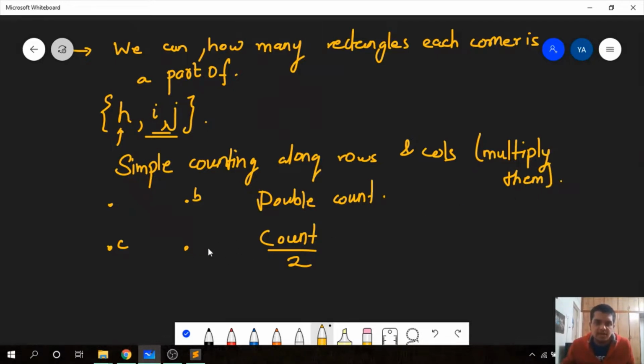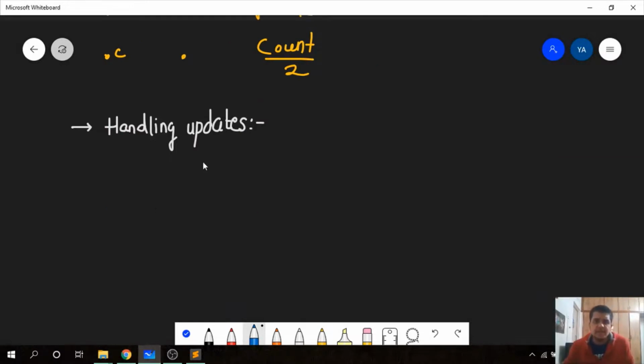Now let us proceed to the next part of the solution. So for each query, we can just do a linear scan across the row and column to remove the previous rectangles that were considered. So consider that there were some rectangles that the corners were a part of, and they were considered in the previous answer. So we'll say that as P ans.